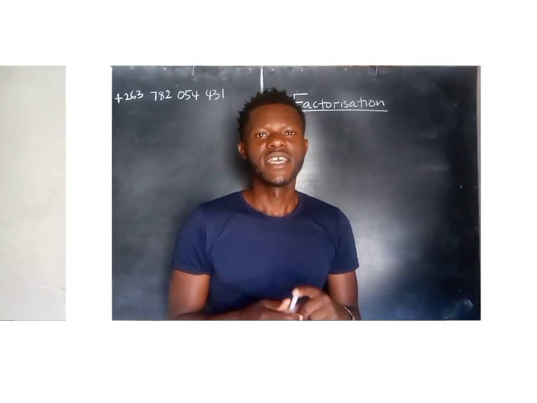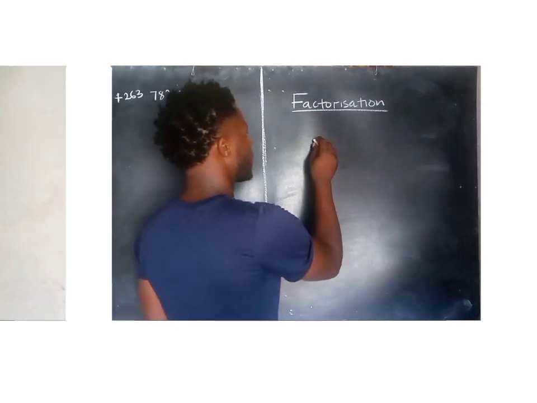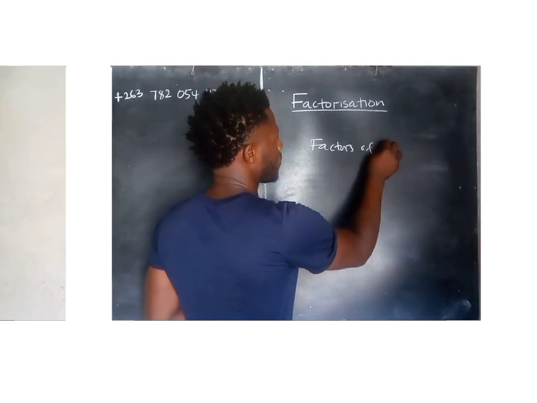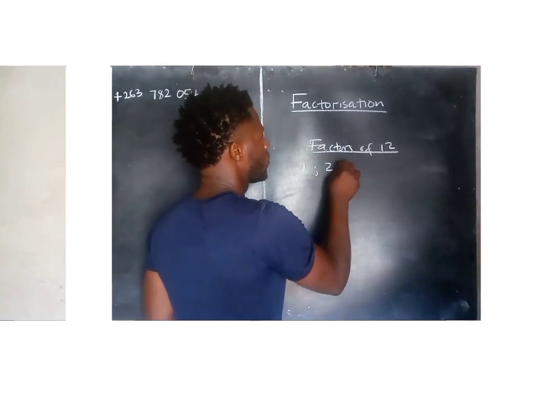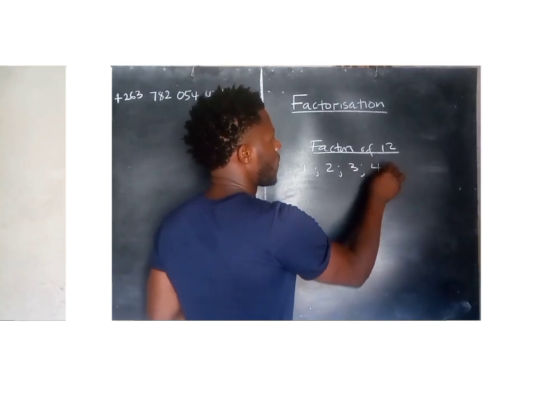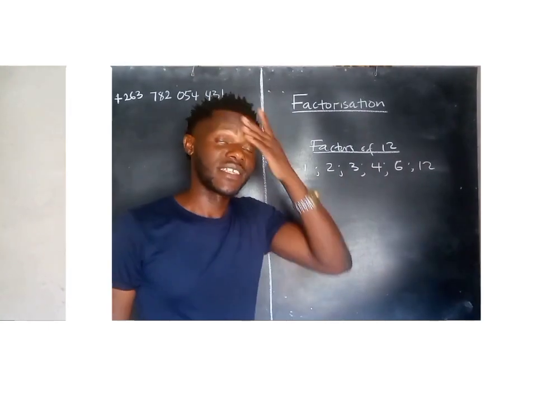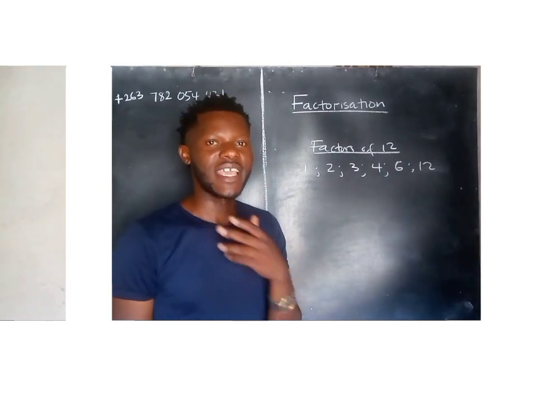For instance, if we are going to list all the factors of 12, the factors of 12 are 1, 2, 3, 4, 6, and 12. These are the factors of 12, numbers that can divide directly into 12 without leaving any remainder.